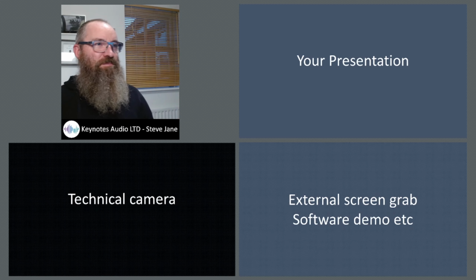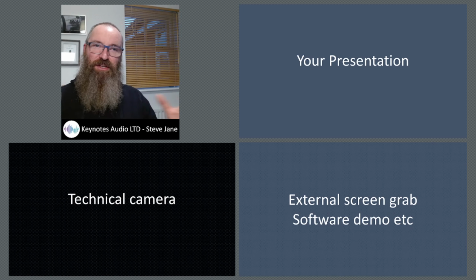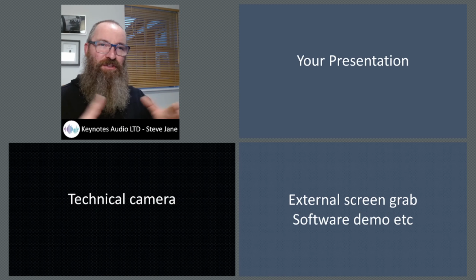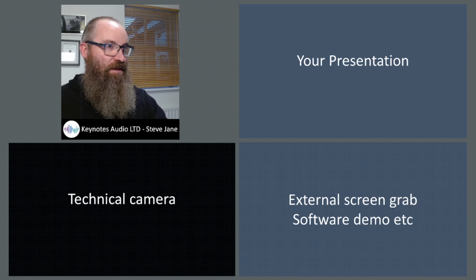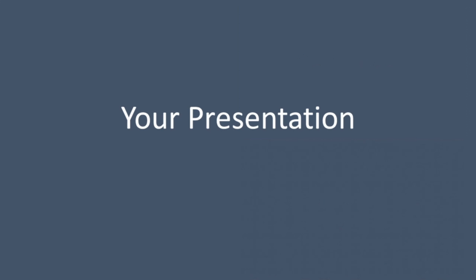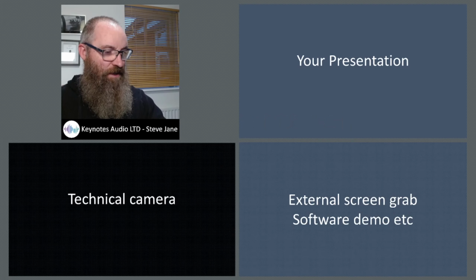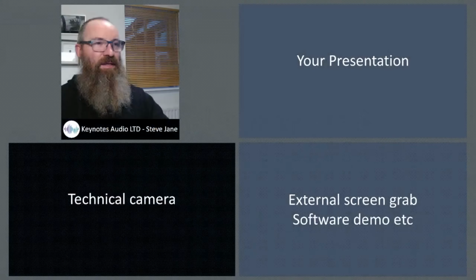Now you can personalize this a little bit. Like, remember, if you said you can put any of these in any order, side by side, full screen. Well, if your presentation, if you want that full screen, there's a button there that allows you to do that. The same with the technical camera and the same with the external screen grab.